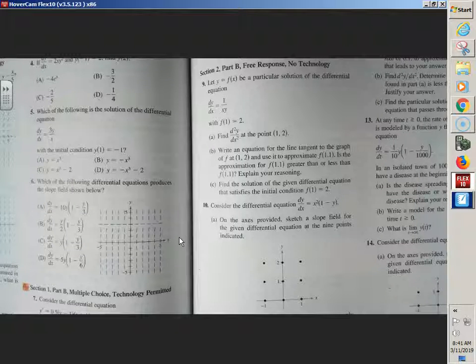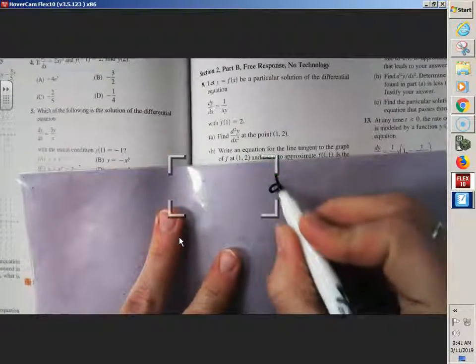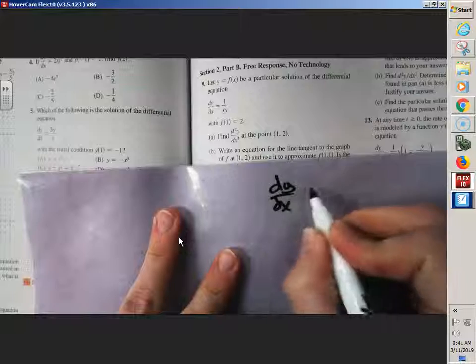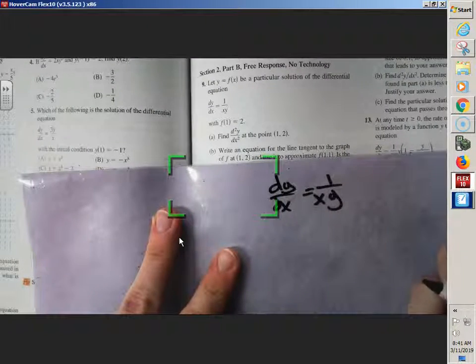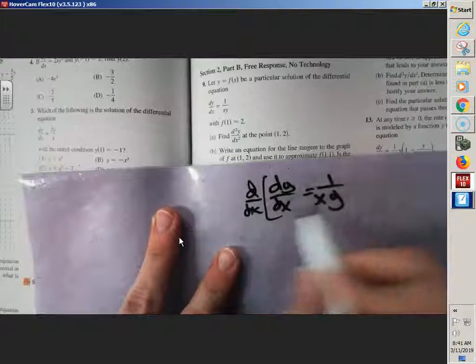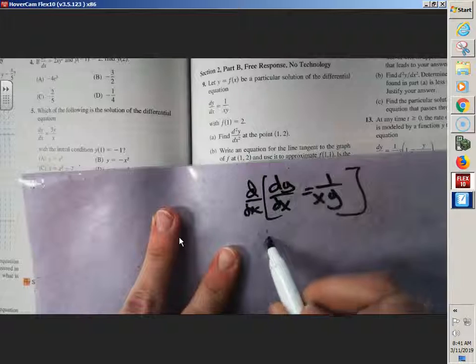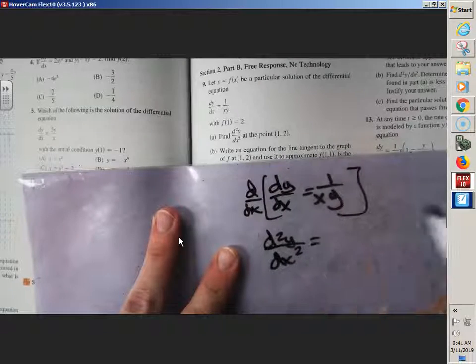Do we remember how to find second derivatives given first derivatives? That was important in the FRQ we saw a second ago, right? Don't we have to take a derivative and then derive it? How would I derive this? The derivative of this, if I do d dx of the whole thing, is the second derivative, right? How do I derive it?